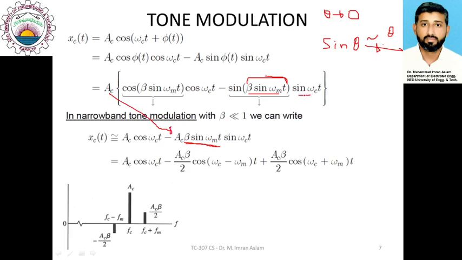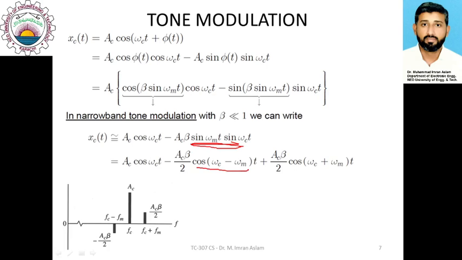Sine omega ct would remain unchanged here, but this sine of beta sine omega mt would be approximated by this value which is shown here. And you can see that here two sinusoidal functions are being multiplied, and we can convert it from product to sum formula. You can see that this will be written as cos omega c minus omega mt and cos omega c plus omega mt.